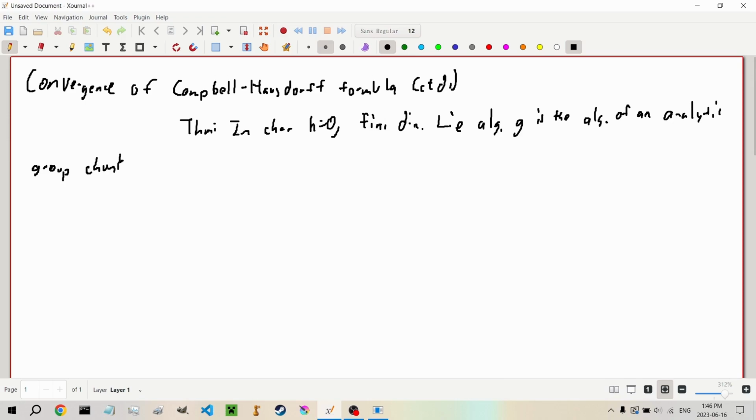And our second theorem, that the group law we defined, we reconstructed the group chunk, we found what f would have to be, and our second theorem is that f is convergent.